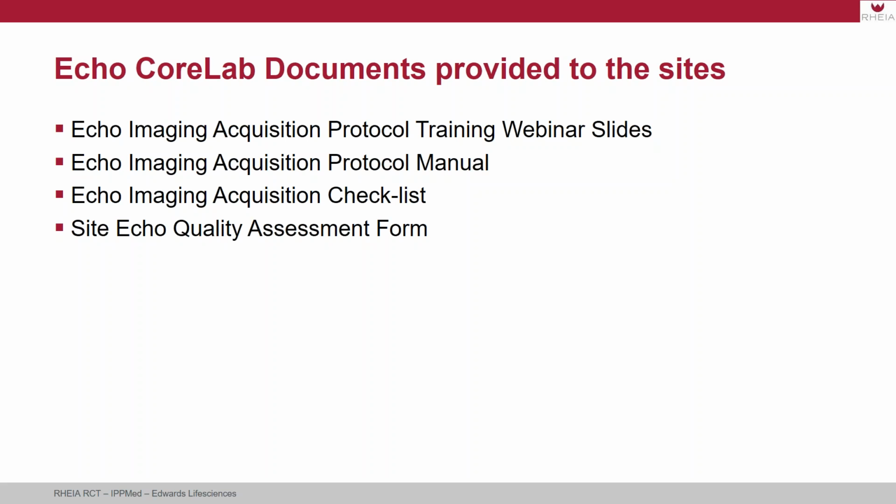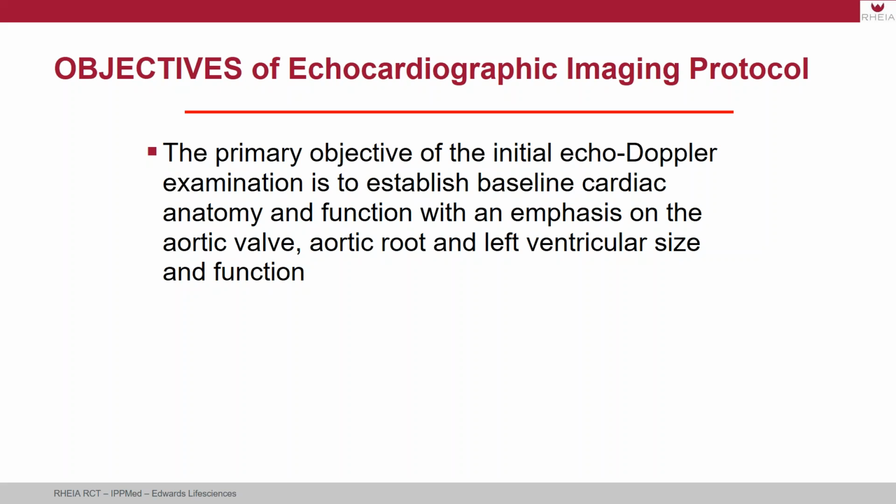Then there is a two-page imaging acquisition checklist that the sonographer or cardiologist can use at the time of the echo to remember the imaging sequence. And then also there is a site echo quality assessment form that is just for information, just to show what we are using as criteria to assess the quality.